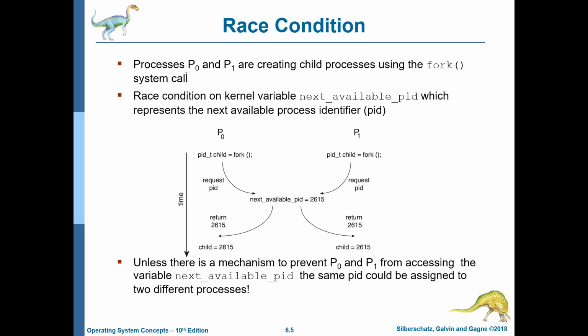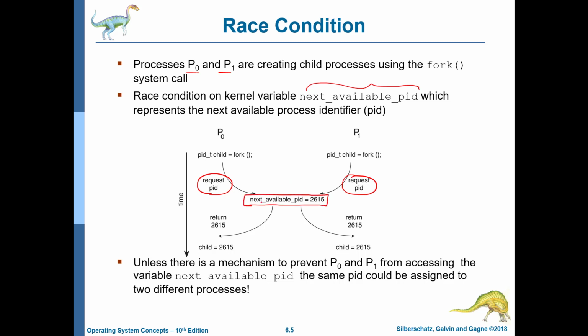So let us assume that processes P0 and P1 are creating child processes using the fork system call. Here is what can happen. Let's say that there is a kernel variable, the next available process ID, which represents the next process ID that can be taken, and both P0 and P1 fork at the same time. Both of them request a new process ID, a new PID, and the next available PID is, let's say, 2615.